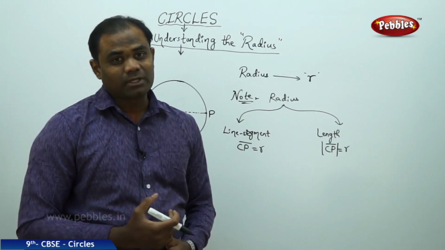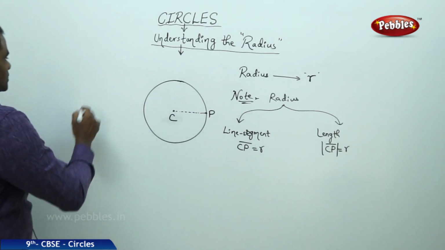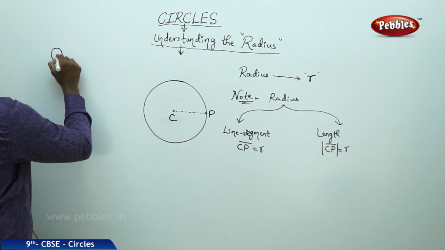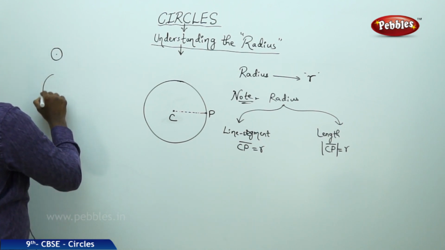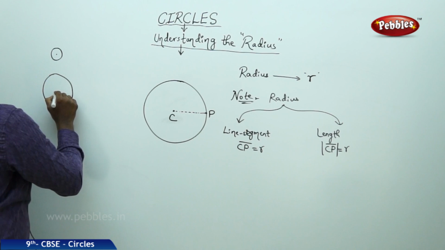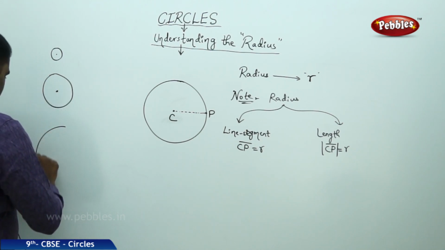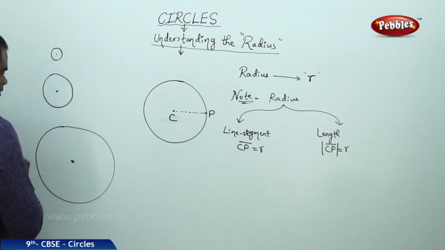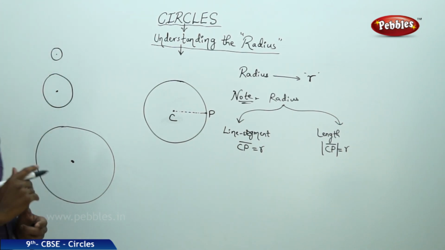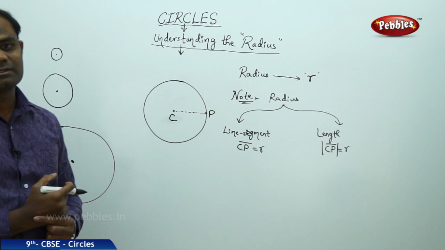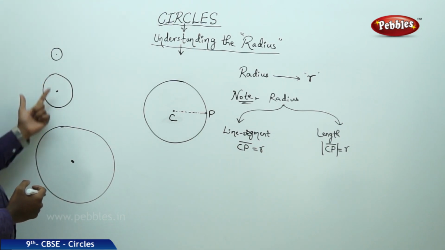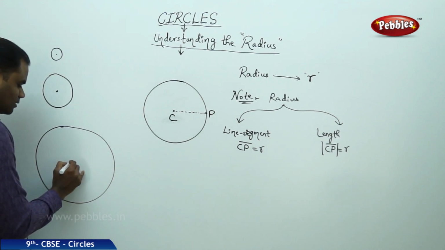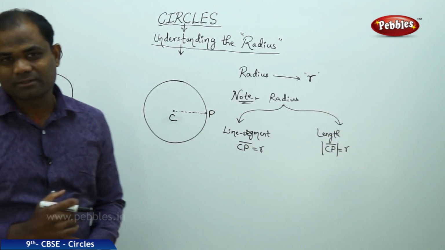And the most important understanding is, say for example, I take a circle, and another circle. So what is the difference I identify between each of the circles? How do we identify these three circles? Clearly, I see that the radius of each of the circles is different.